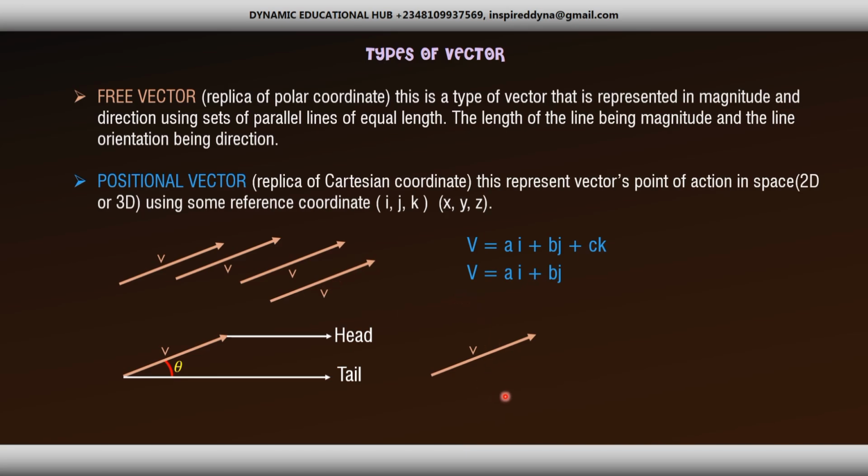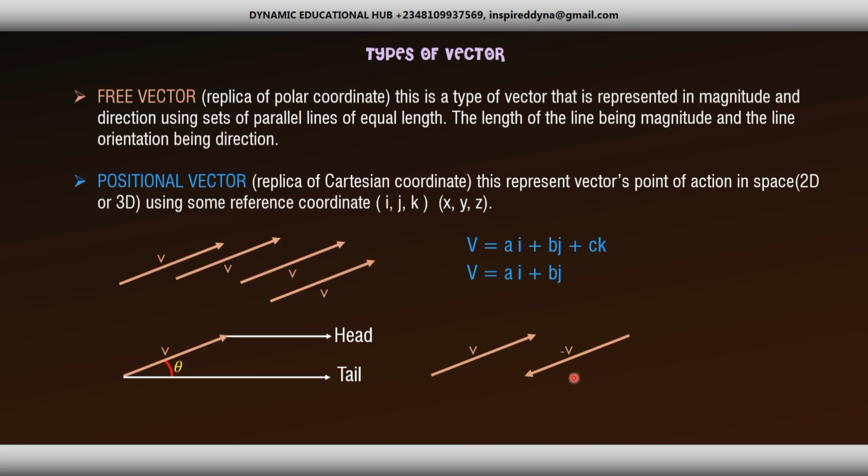Now, what about minus v? A vector that is opposite to this vector and has the same magnitude. So you are going to change the direction of the arrow. This is minus v. If this is v, this one is going to be minus v. Understand this. If this is 40 Newton, this one is going to be 40 Newton in magnitude, but the direction will be different.